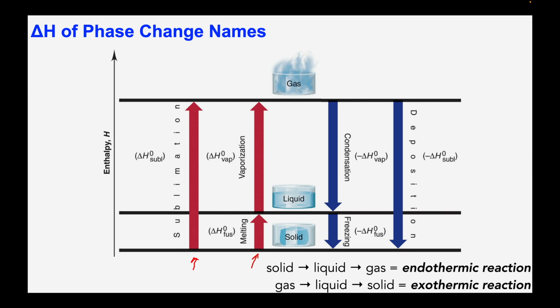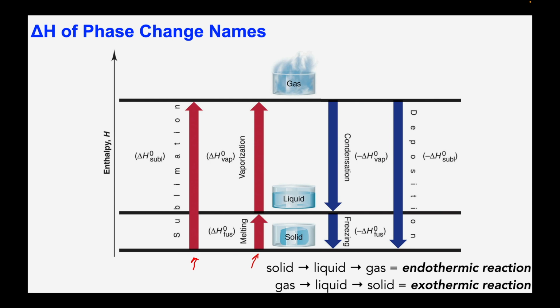It's going to be endothermic, and it's usually a very big number. On the other hand, if you go from a solid to a liquid, that's the melting process. That's an energy, but it will be positive. It'll take energy. Liquid to gas, you have to vaporize it, so that's vaporization. So these are the terms that we'll use. Sublimation, solid to gas; melting, solid to liquid; vaporization, liquid to gas, etc.